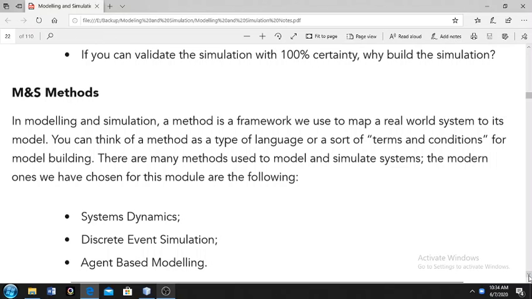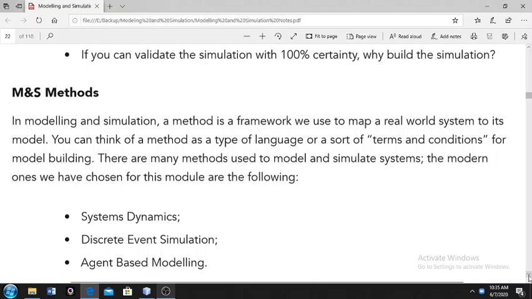We are going to cover three methods of simulation: system dynamics, discrete event modeling, and then agent-based modeling. In modeling and simulation, a method is a framework we use to map a real-world system to its model.